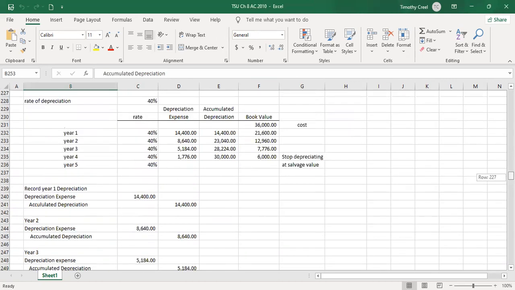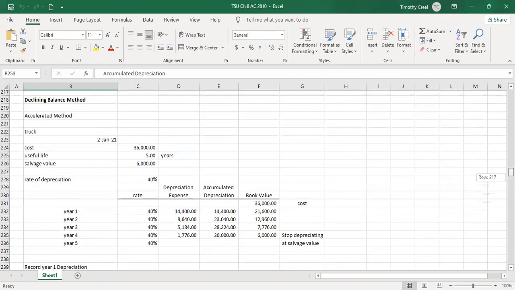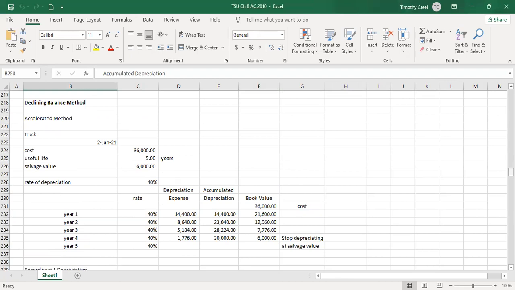Now, another thing I kind of wanted to say about declining balance is that when it comes to declining balance, notice a lot of times that you will fully depreciate an asset before you get to the end of its useful life. This was basically what happened here. This asset was fully depreciated in 4 years instead of 5, which was its useful life.